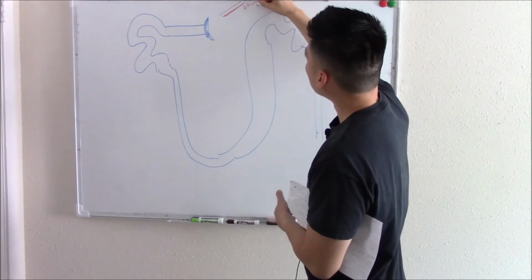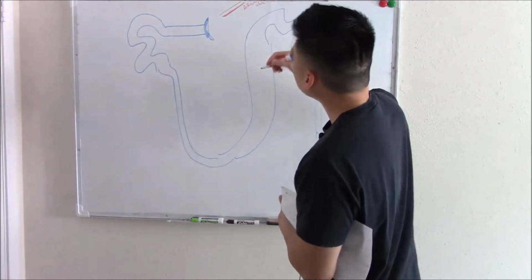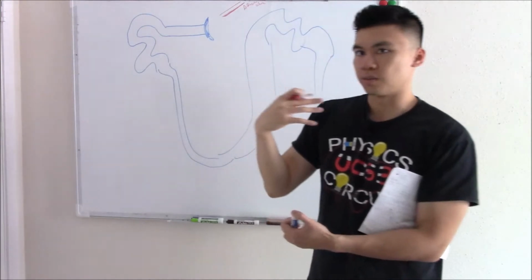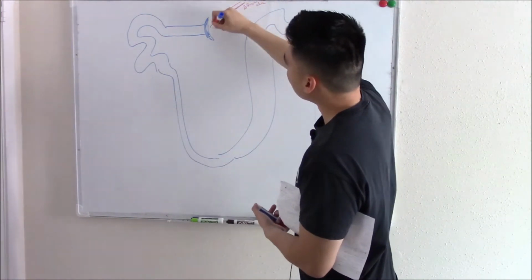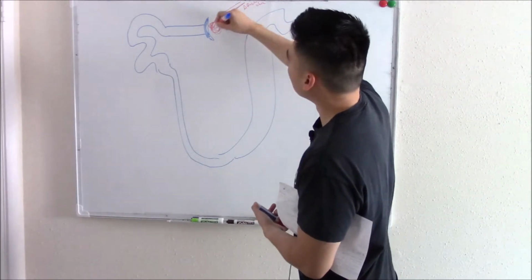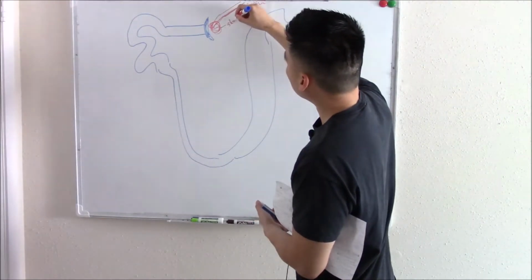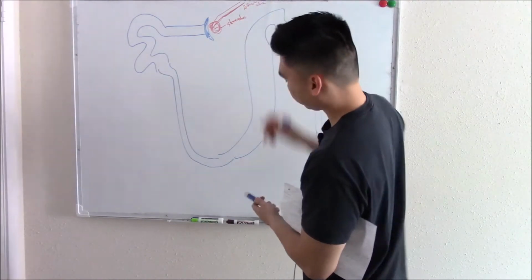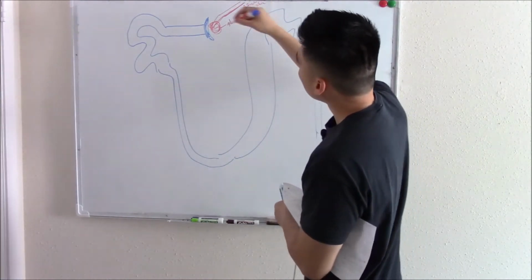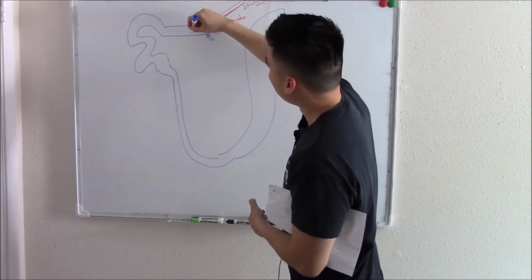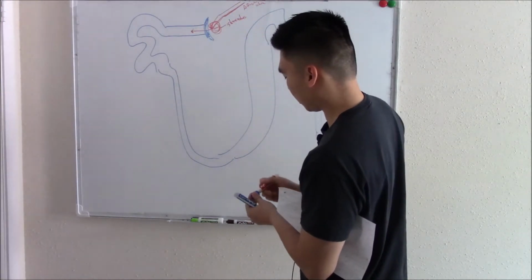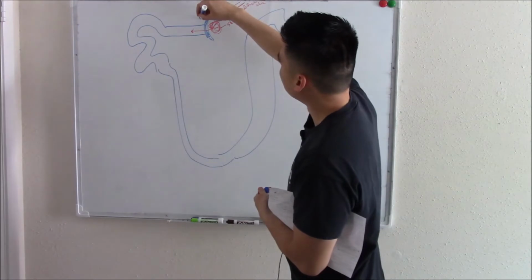And you know your arterioles will eventually become capillaries. And that's exactly what happens. It forms this bundle of capillaries called the glomerulus. And fluid and plasma will go through the sieve called the Bowman's capsule.